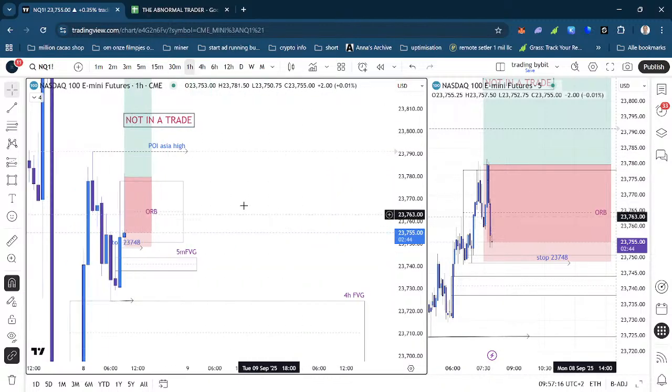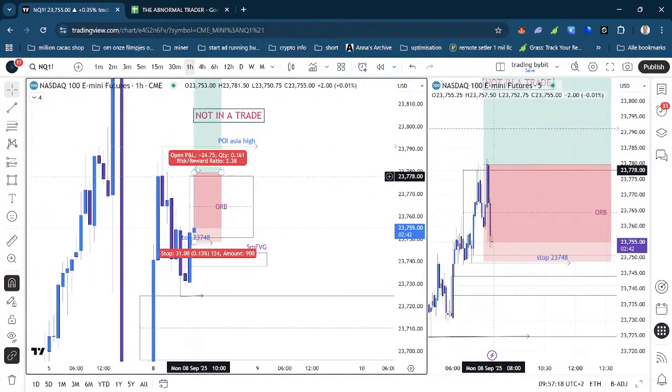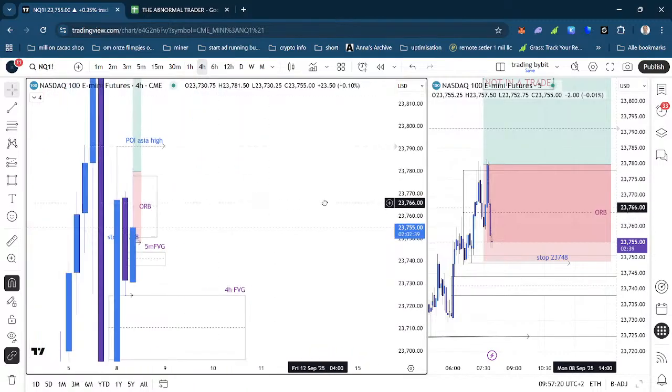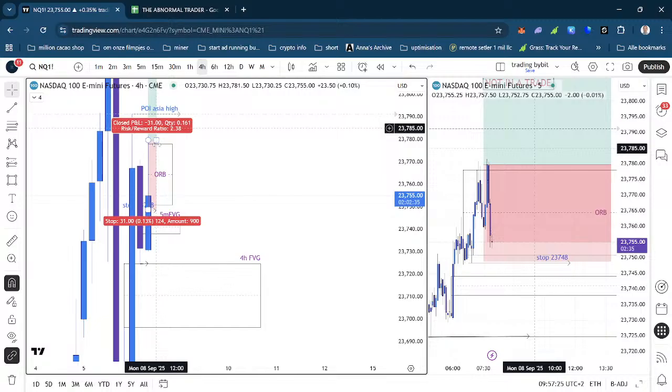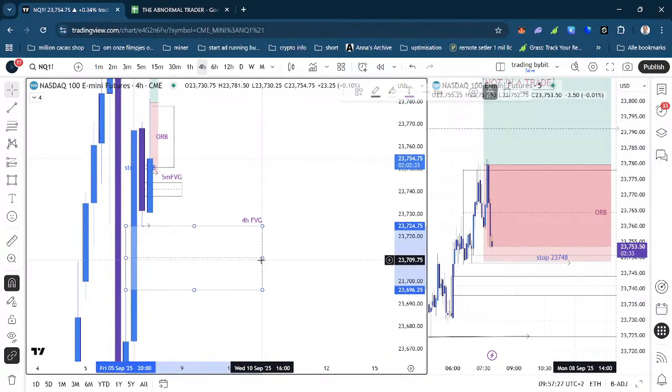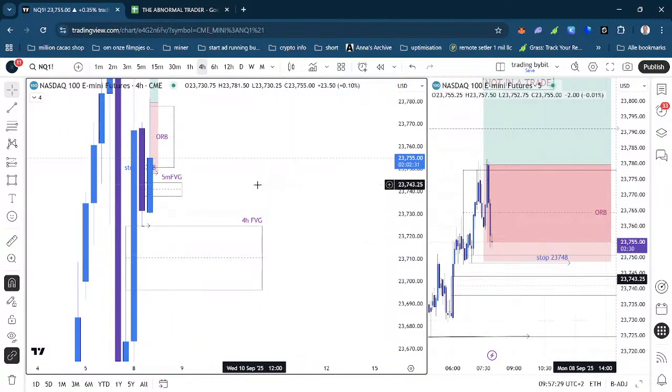Now this hourly doesn't look that fantastic anymore. Once we got up here, that looked good. So this was actually what I said about 4 hour too. We took liquidity, and I do want to see that push continuation there, just because of this gap below here.